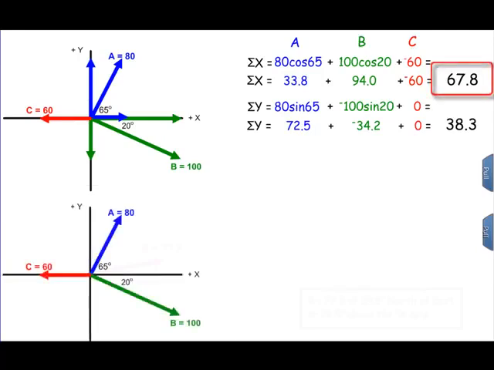So the sum of the x components, 67.8, can be represented by the vector here. And the value for the sum of the y components can be represented by this vector, the purple one here. And these should look familiar, as we already had these drawn on the previous slide.